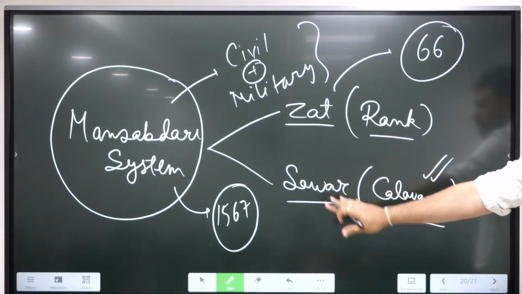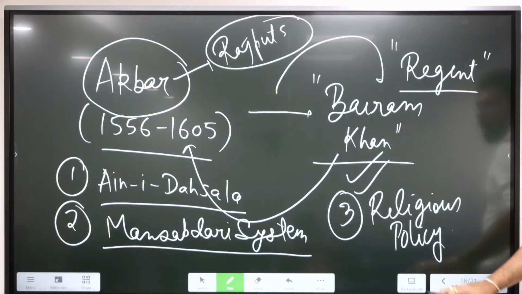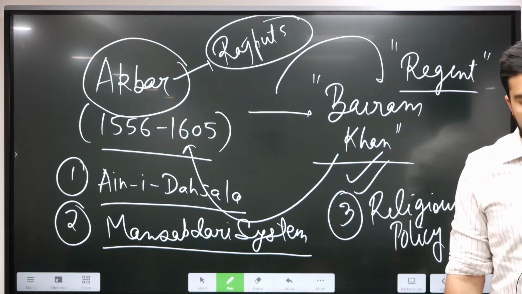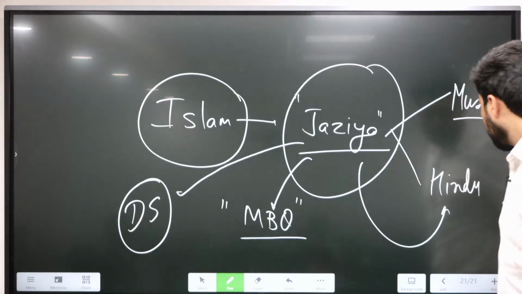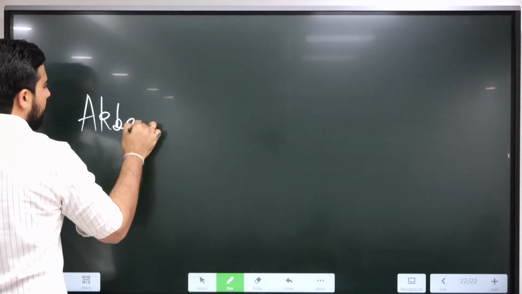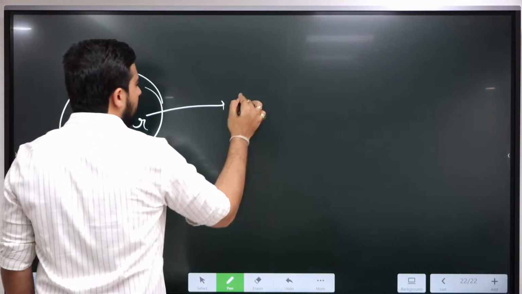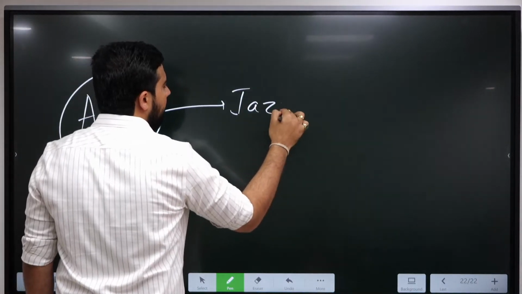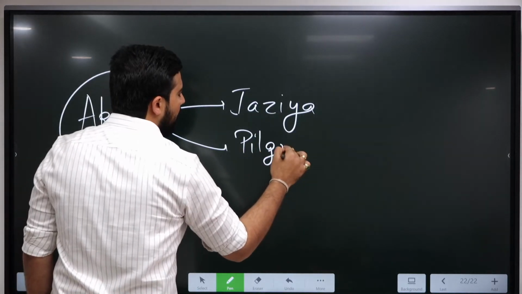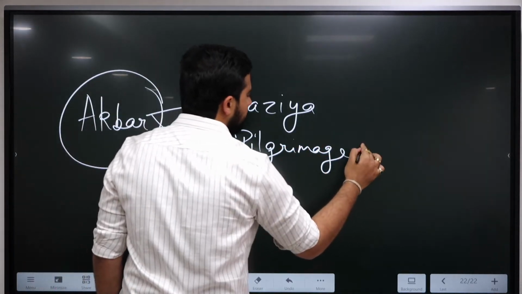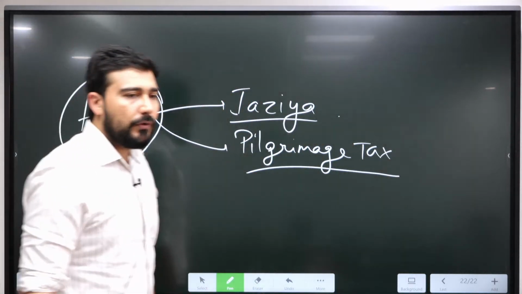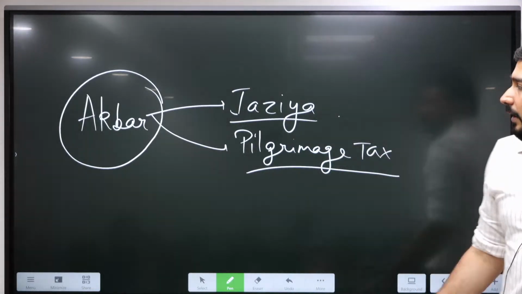But by the time of Akbar, Akbar was not able to understand this difference, why this should be done. So with the passage of time, Akbar started these reforms. He abolished Jizya, and he even abolished a pilgrimage tax. Whenever people used to go for pilgrimage, a tax was imposed.